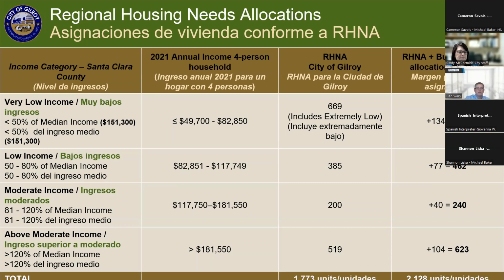And then the last column, we add a 20% buffer. There's a number of reasons we do that, but the reason is that the city has to maintain at all times over the next 8 years enough sites to meet those numbers.